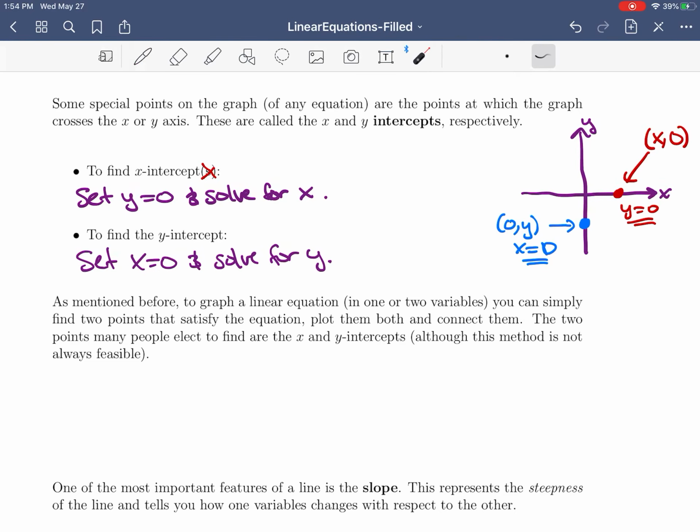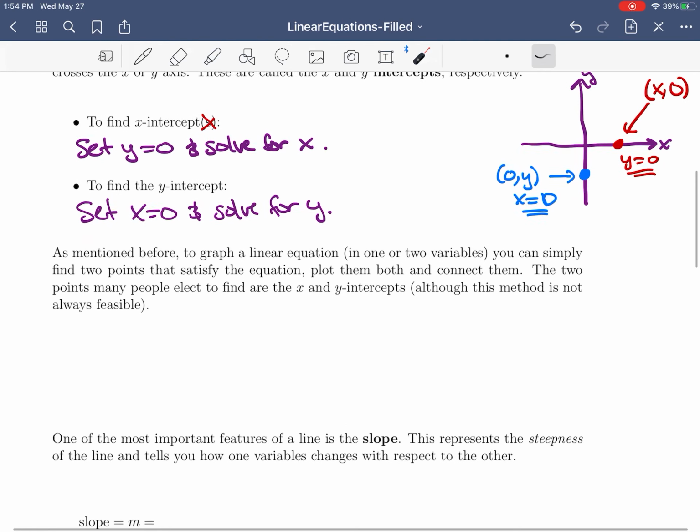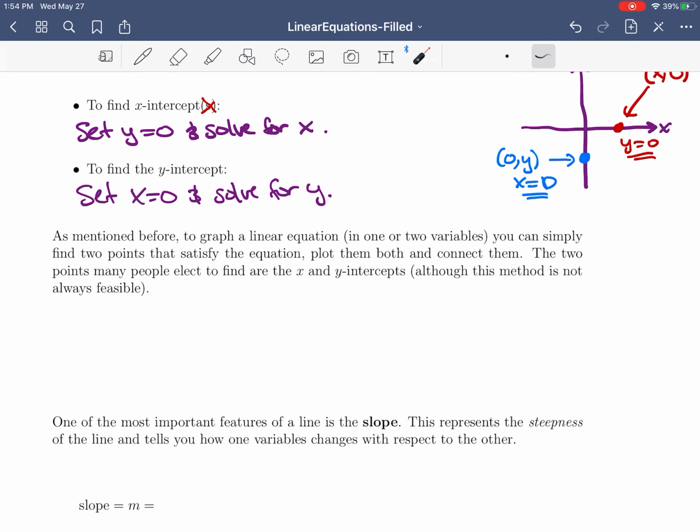Because these are special points that we often like to include on our graph, it's common that these are the 2 points that people find. So they plot them and then connect them to give you your line. So this works, okay, but it doesn't always work. So I'll give you an example of where it might not.